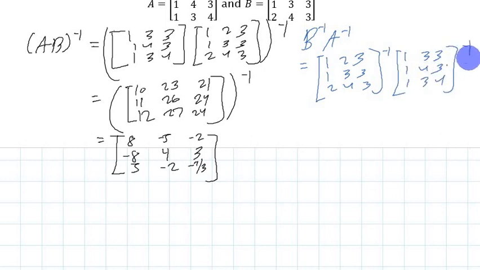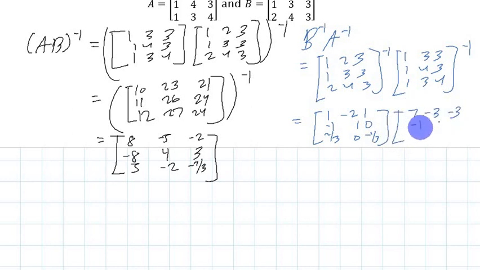The inverses of these two matrices become [1, -2, 1; -1, 1, 0; 2/3, 0, -1/3] here, while this one becomes [7, -3, -3; -1, 1, 0; -1, 0, 1].